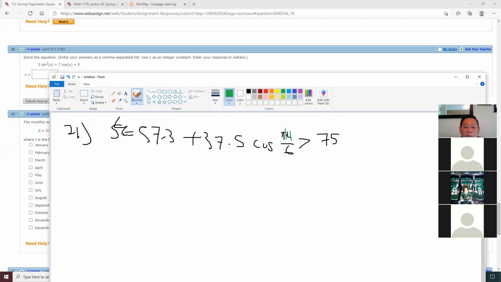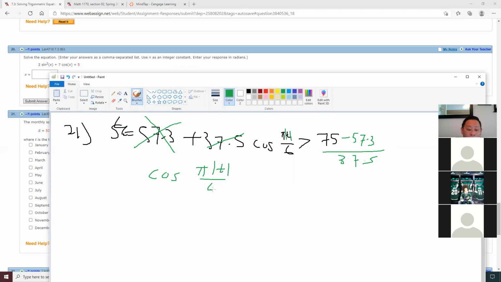So how do we solve for t in this case? First we have to subtract 57.3. And then what do we do next? Divide by 37.5, right? So take out your calculator and help me to do this.